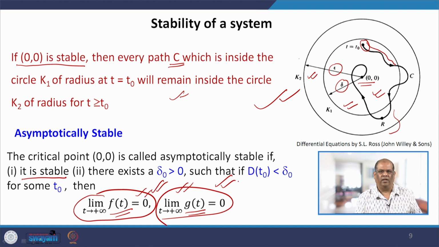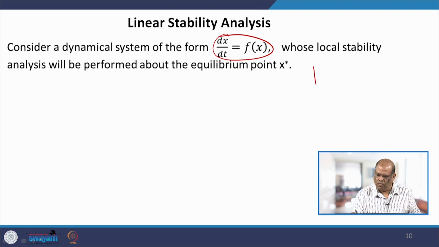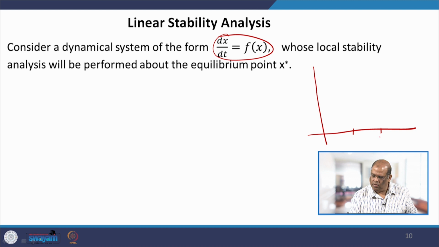So, how do you check, given a system or a differential equation, its stability? We have this dynamical system of the form dx/dt equal to f(x). We will be deriving here the condition for which this system is stable. So, you have some x here and you have the equilibrium solution x star here, and the difference between them, let it be say epsilon.